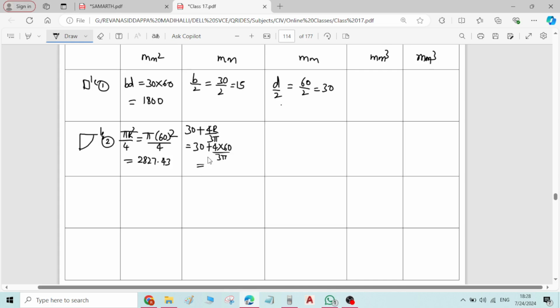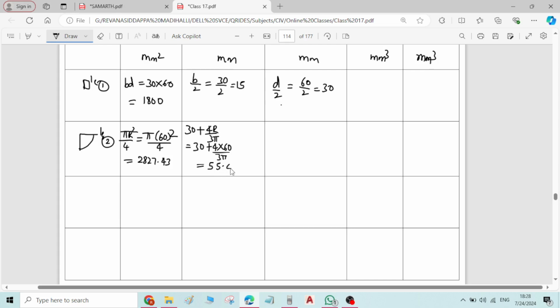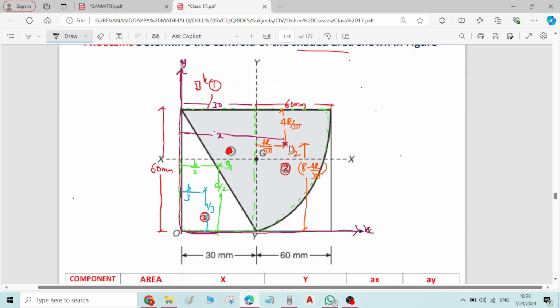Let me calculate the answer. 4 into 60 divided by 3 pi plus 30. It is 55.46 mm.